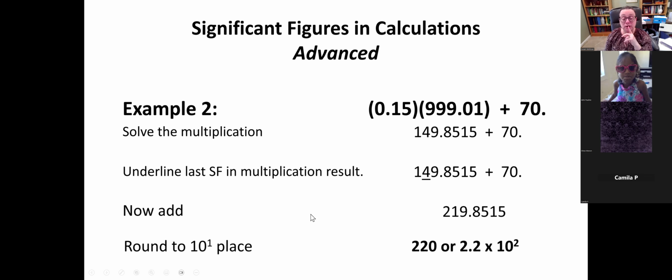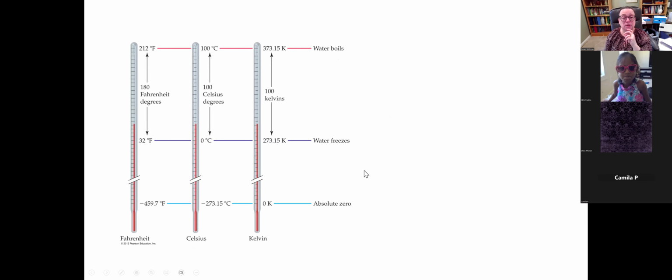Okay, so I've got one more example for us. Again, it's another combination one. All right. So for this one, we have all these different temperature scales. And right, a lot of us are going into nursing and other health professions. Right.